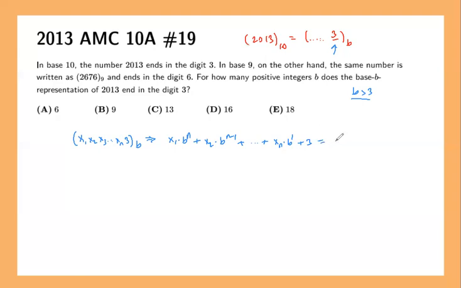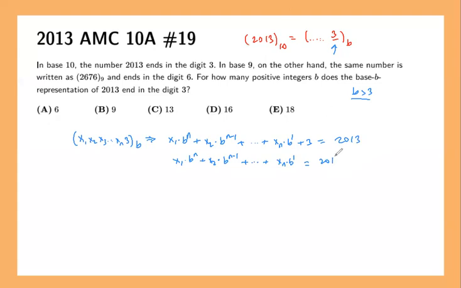And this is equal to 2013 in base 10. This 3 and this 3 nicely cancel each other, so we can subtract. If I do this, I will get x1 b to the n, plus x2 b to the n minus 1, and all the way to xn b to the first, equals 2010.